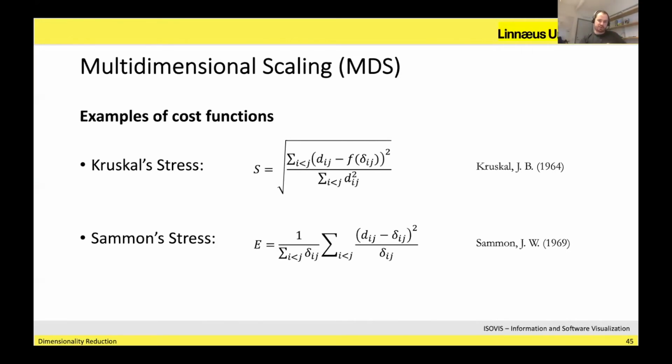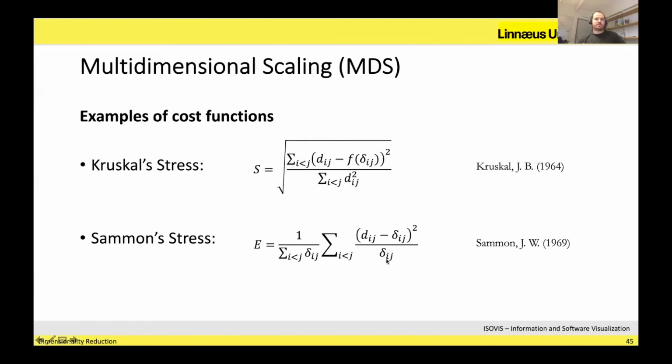Which are more important. And in his sense, what he wanted was: I want to minimize the pairwise distances, but the larger the original distance is, the less I want it to matter. So this is the original distance over here that we're dividing. The larger this thing is, the less I want this to matter.